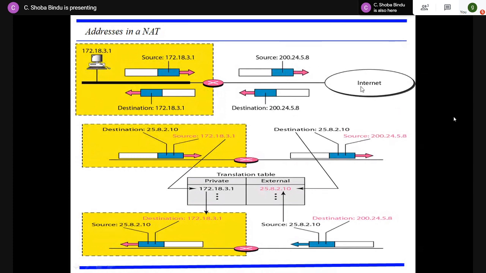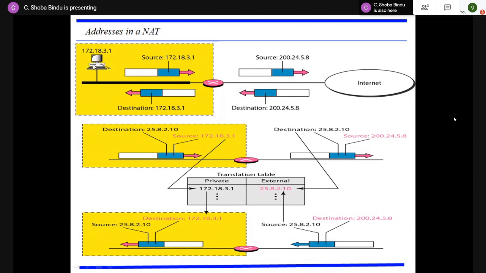And when the reply comes back, this network will be identified with this public IP only. So you will get the packet at this router, and now the router will forward this to this node. How does the router forward this to the exact node? That will be done by making use of this translation table.